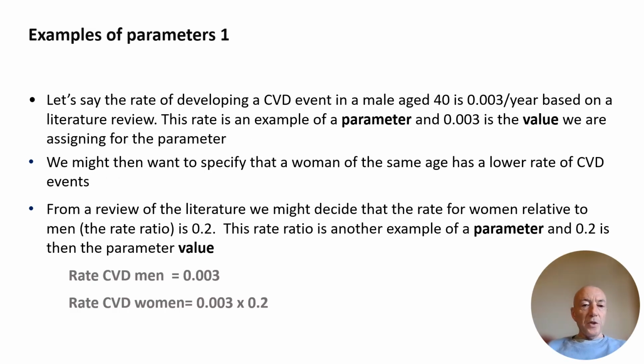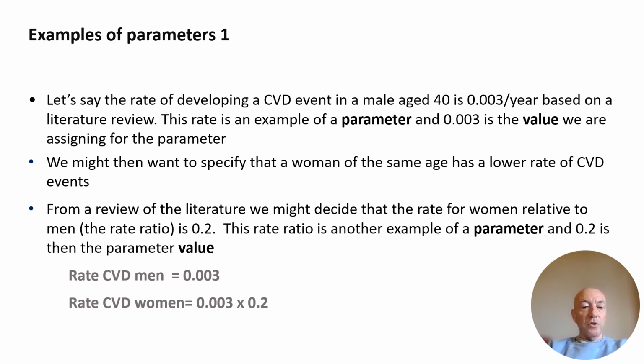So let's say the rate of developing a CVD event in a male aged 40 is 0.003 per year, based on a literature review. This rate is an example of a parameter, and 0.003 is the value we are assigning for the parameter. Now, we might want to specify that a woman of the same age has a lower rate of CVD events.